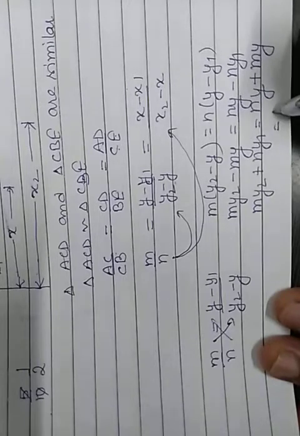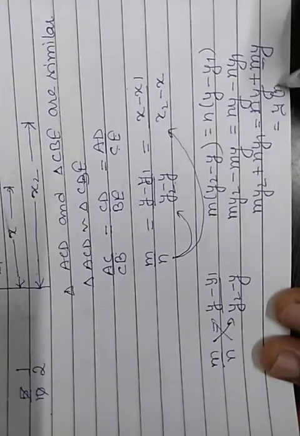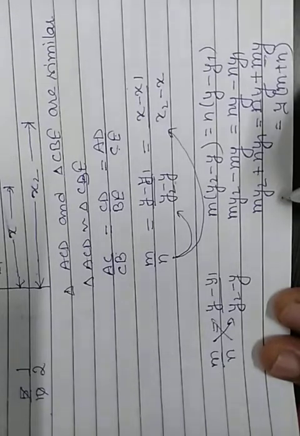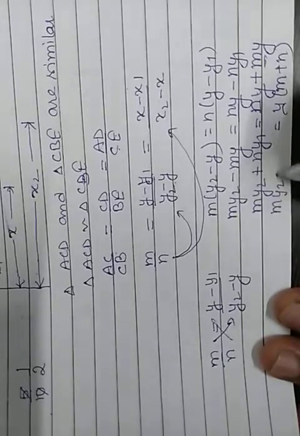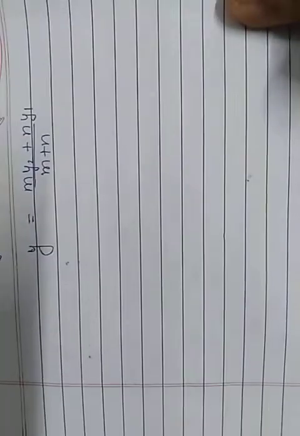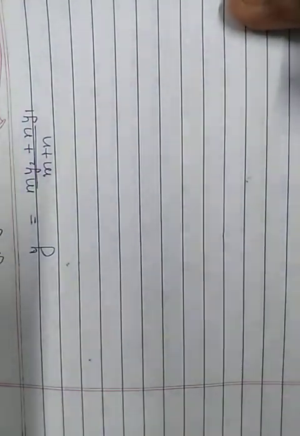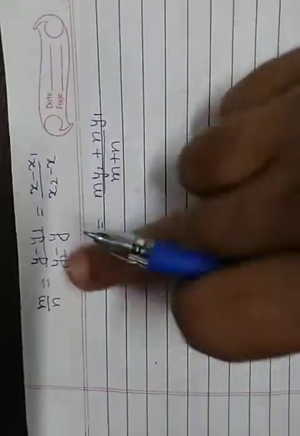Now from this side I can take y common. What is left here? M plus n, and here my2 plus ny1. So by cross multiplication we obtain this result, that y is equal to my2 plus ny1 upon m plus n.